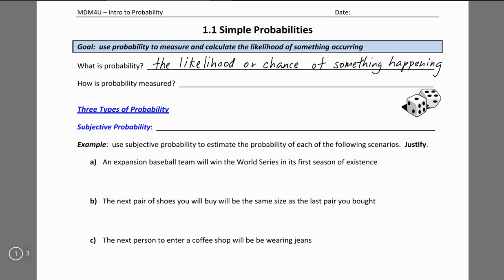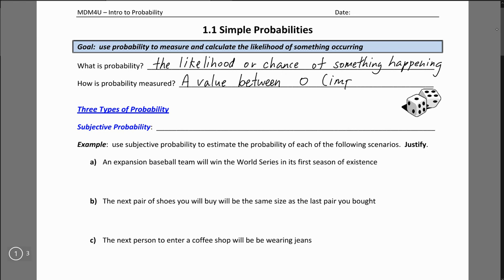Okay. How's probability measured? Well, we measure it using numbers, in particular a value that is between 0, and when we say 0, it means it's impossible. There's a 0 chance of it raining dogs and cats from the sky tomorrow.